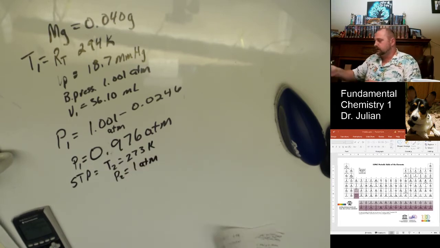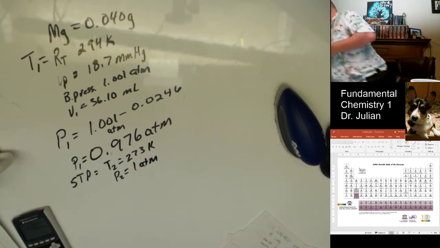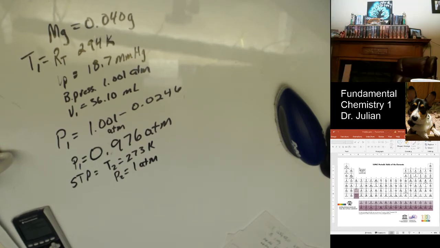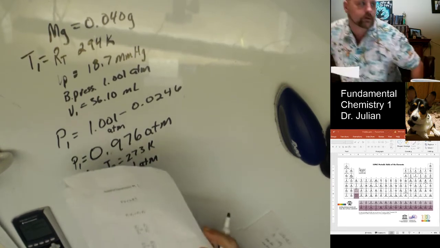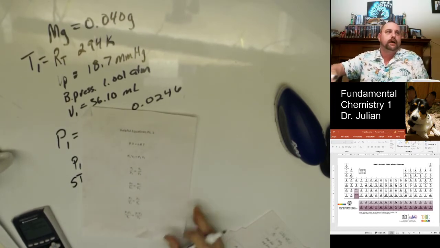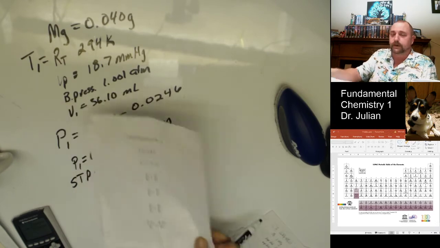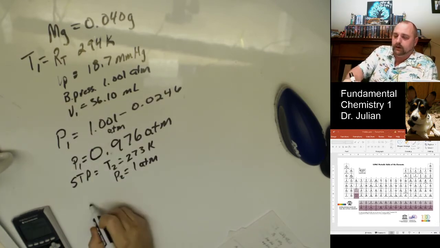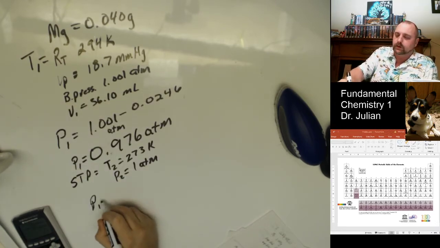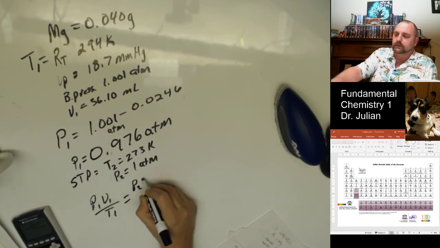If I pull out a list of my gas laws, there's a very bottom one on this list, which is the combined gas law: P1 V1 over T1 equals P2 V2 over T2.